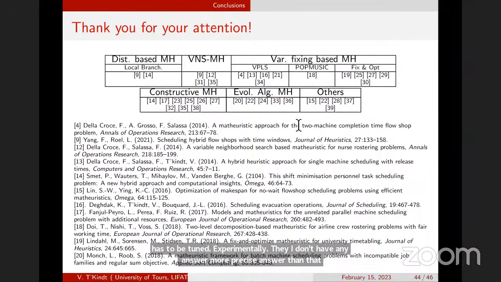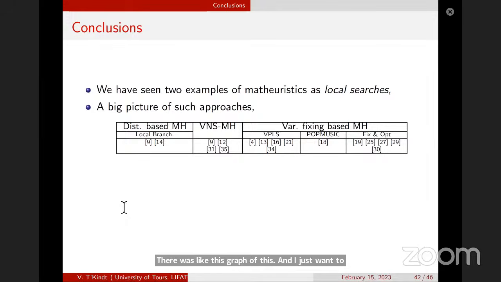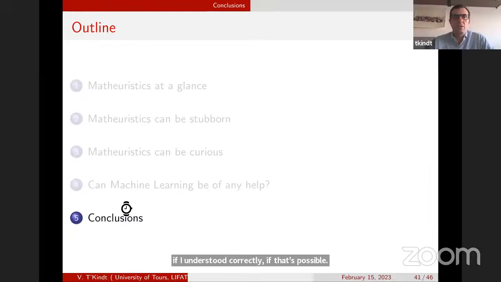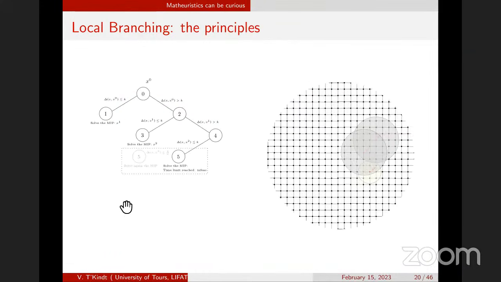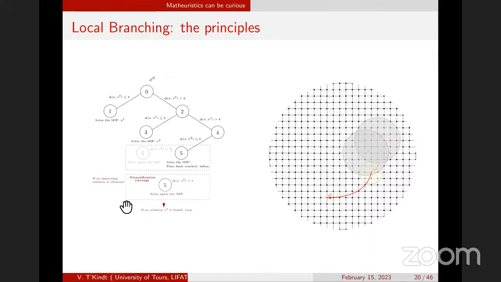And could I ask you to jump to slide 20? There was this graph, and I just want to ask one particular question. Yes, it was slide 20 out of 46. Here I maybe misunderstood the explanation, but the circle around the solution S1 overlaps with the circle of the solution S0, but we enforce the condition that it must be further from S0.